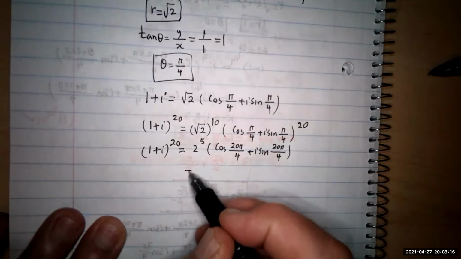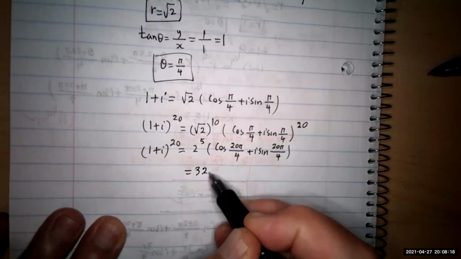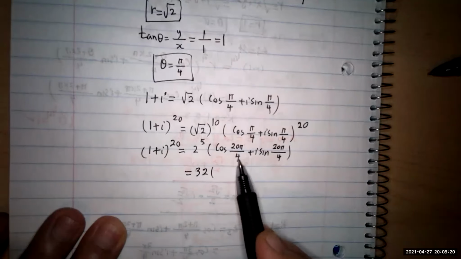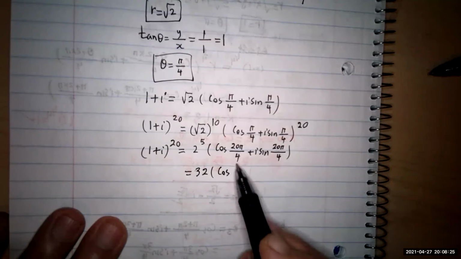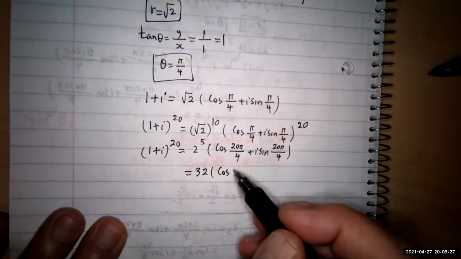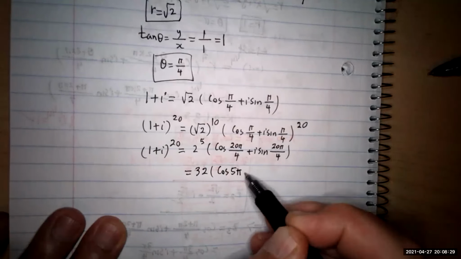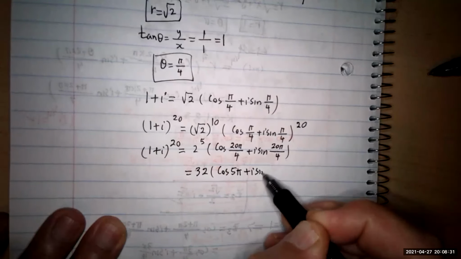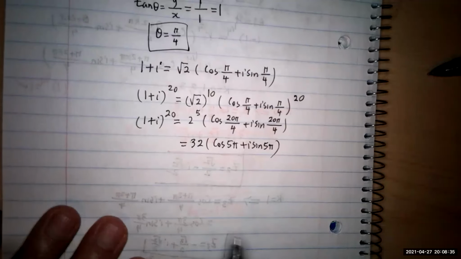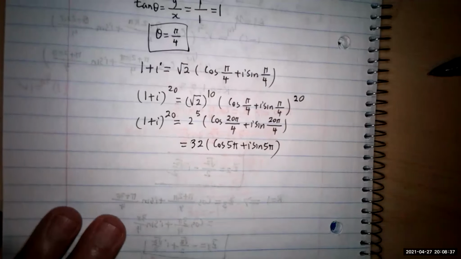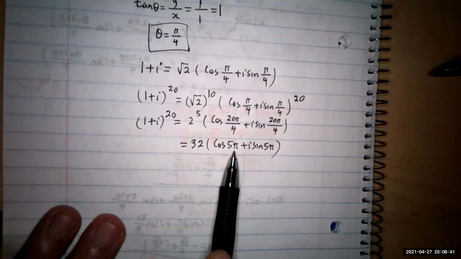Now we continue. 2 to the 5th would be 32. And over here you simplify it, which gives you 5 pi: cosine of 5 pi plus i sine of 5 pi. For the 5 pi, you can throw out the 2 pi, throw out the 4 pi.